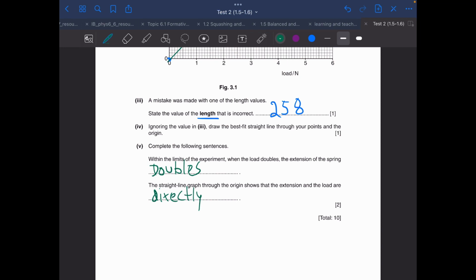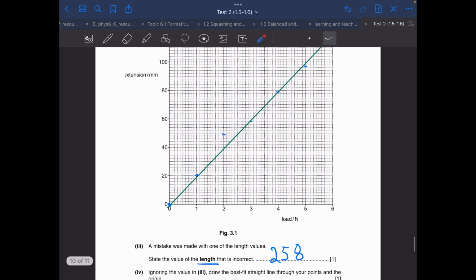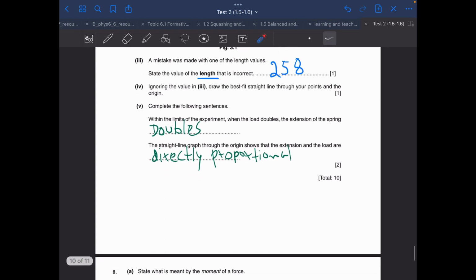When one increases, the other one increases at the same rate, directly proportional. If it had been that one increases and the other one decreases, then it would be inversely proportional. But it's not, it's a direct relationship, directly proportional.